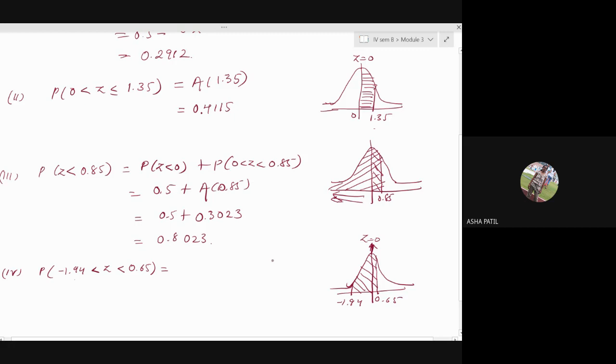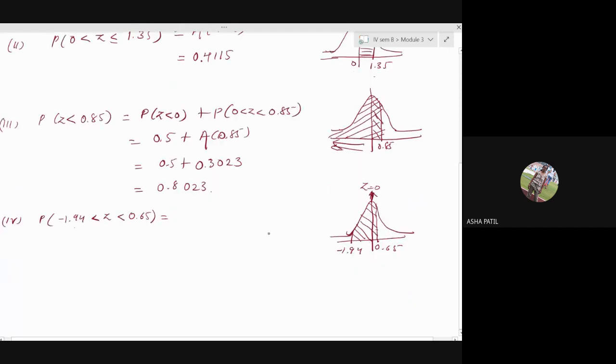Do you have negative values in your table? No, ma'am. So an area, whenever you measure area, whether it is to the right side or to the left side, will be same because it is symmetrical about the line z equal to 0. The normal curve is symmetrical about the line z equal to 0. So whether you take the area to the right side or to the left side, it will be same.